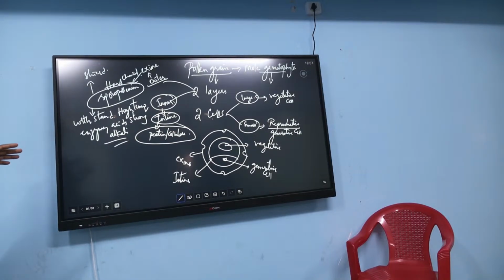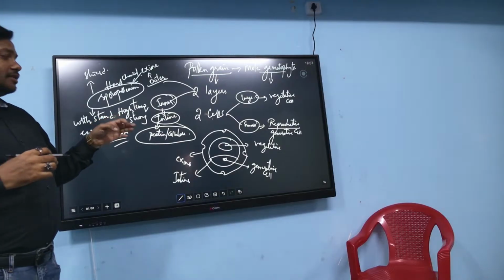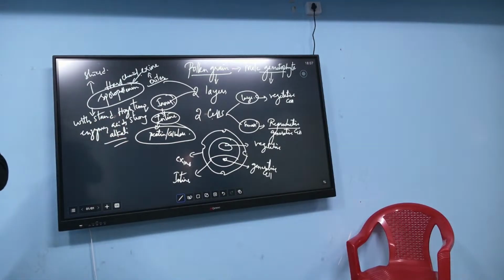Cytoplasm is present in both. The generative cell is spherical or oval in shape. The vegetative cell is large and irregular in shape. Vacuole is also found with the cytoplasm.